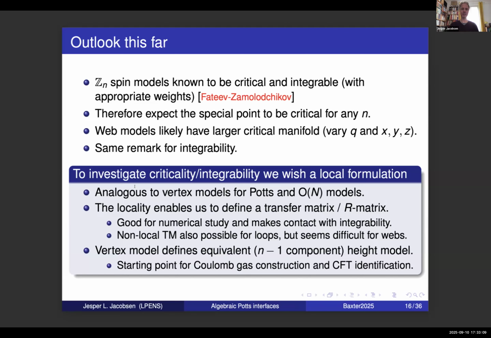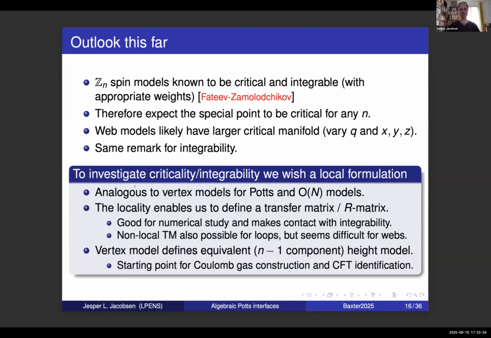If now you orient those loops and do a special trick that was first figured out in a paper by Baxter, Kelland, and Wu in 1976, then you are going to recover a 6-vertex model. And so using this trick, you turn the Potts model in its FK formulation into a 6-vertex model, and then it can be solved by the techniques of integrability.